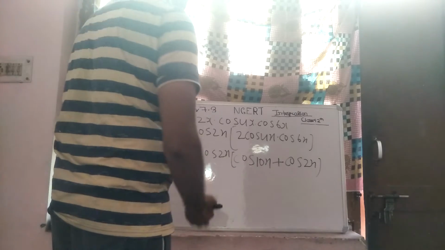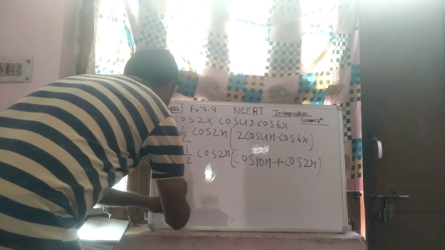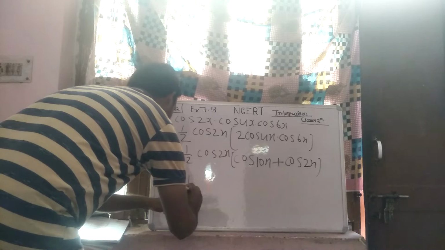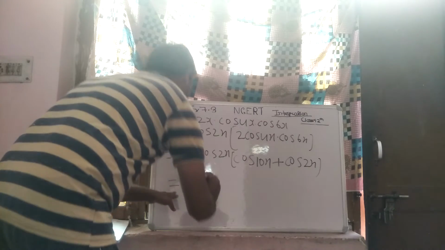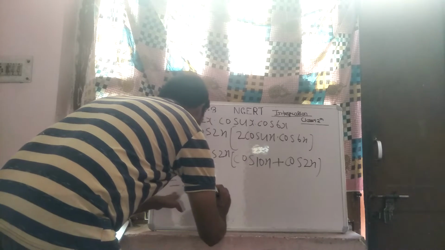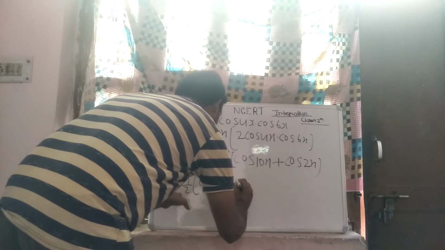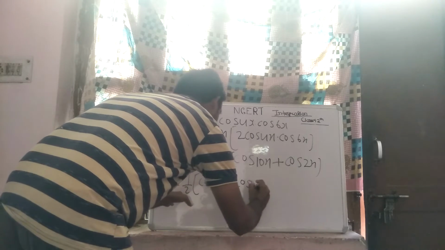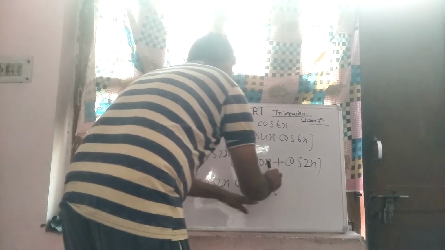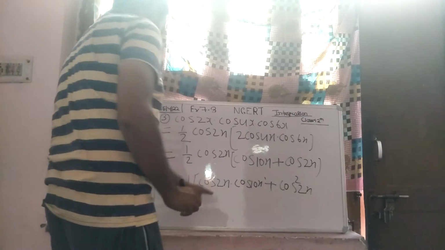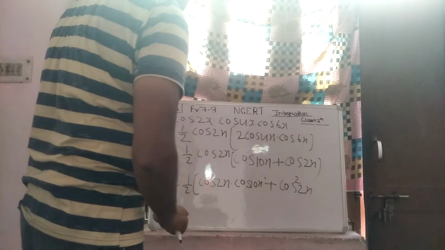We have two terms. Next, 1 upon 2 times cos 2x into cos 10x is the first term, and we also have cos square 2x. Next term is cos 2x into cos 10x.